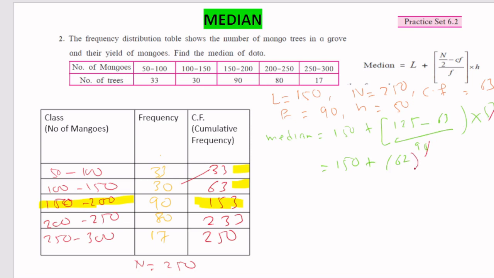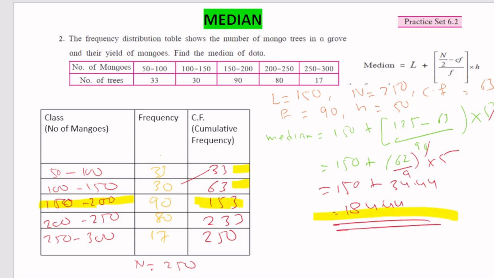So remaining is 62 into 5 by 9. Once you solve this further, you will get something around 34.44, right? You can solve and you'll get the answer. And once you add this 150 and 34.44, you will get 184.44, and this is your median.